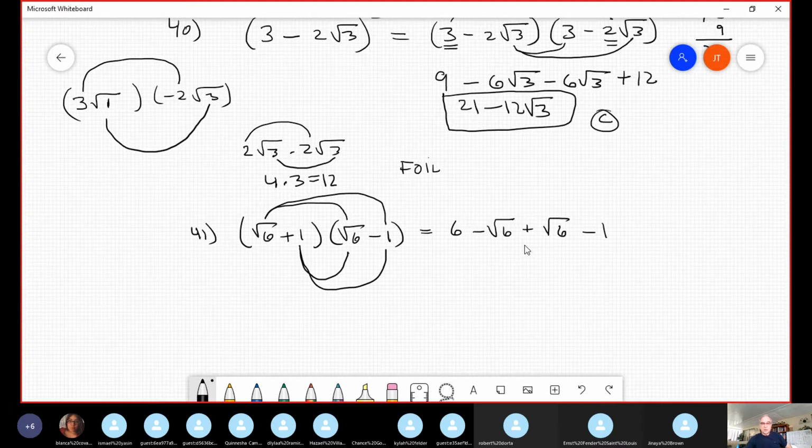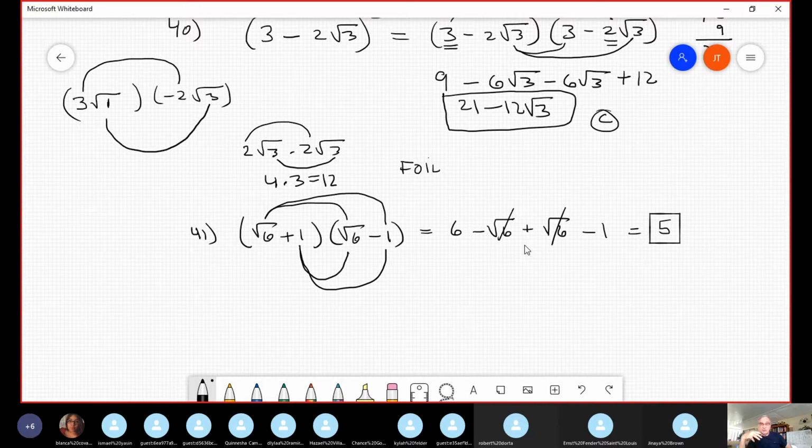So it always happens when you are multiplying expressions that contain radicals and they are conjugates, magically the radicals cancel. And the answer is 6 minus 1, which gets 5. Unbelievable. This is the power of the conjugate. That is the reason for rationalization when you have a binomial.